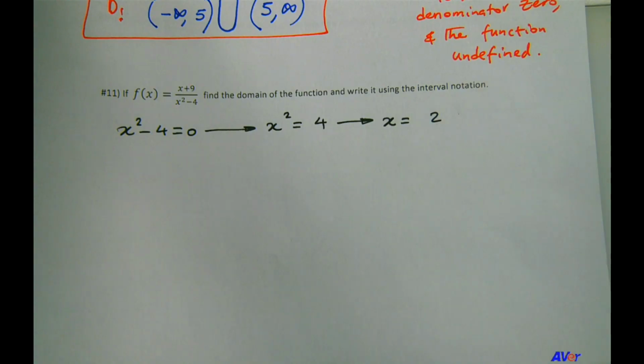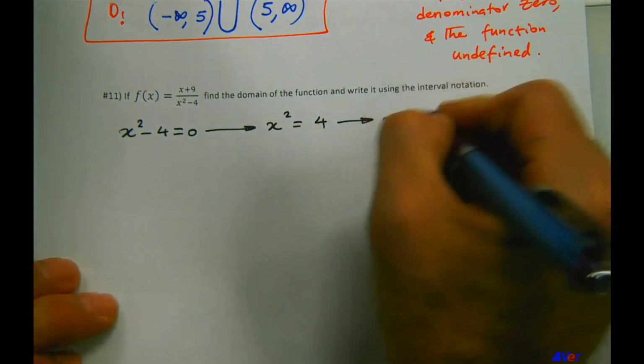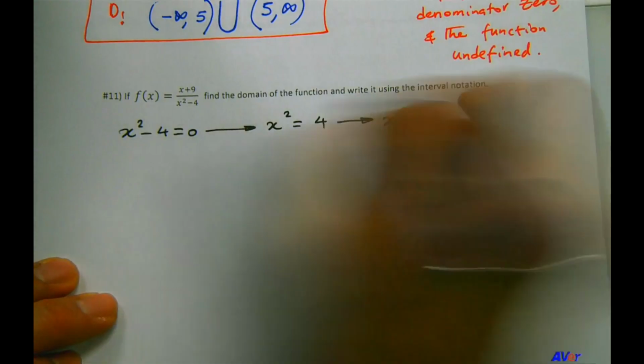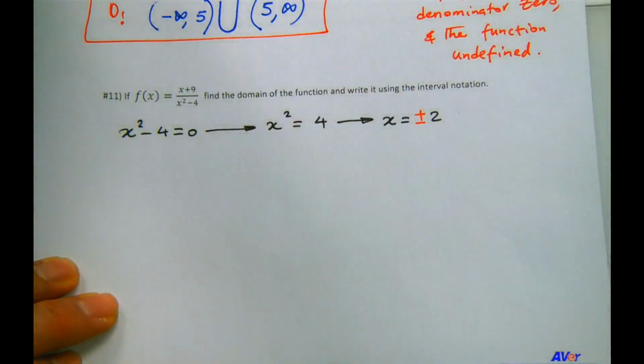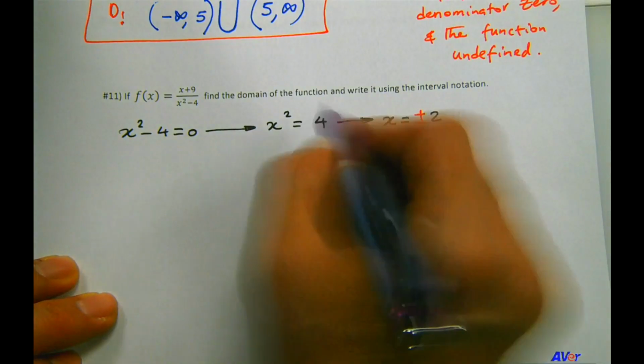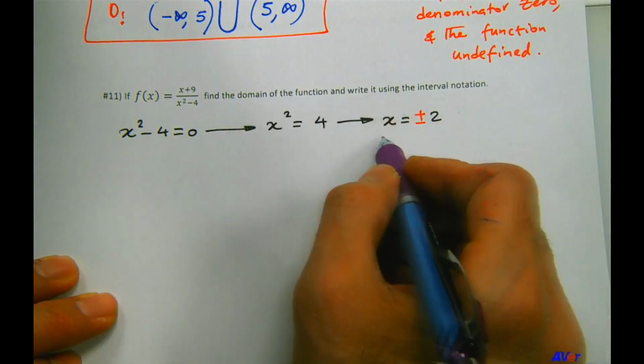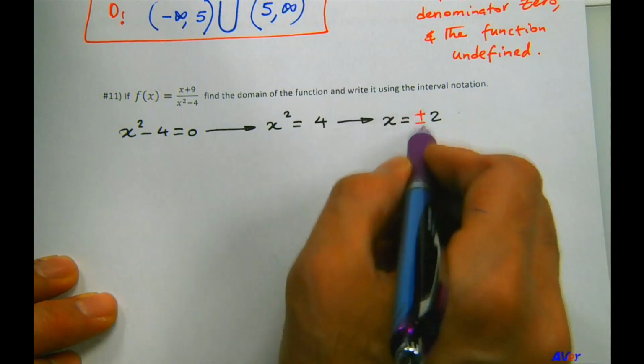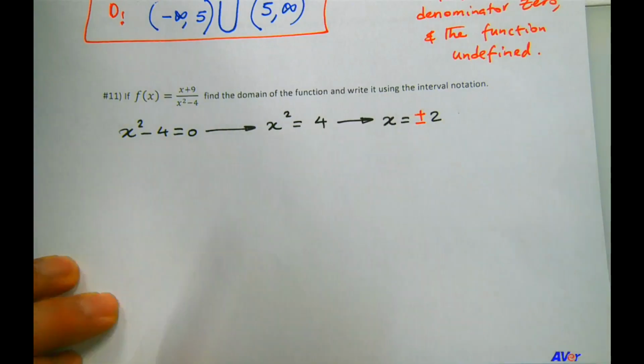Think about it. Well, it should be plus or minus 2 when you take the square root of both sides. Right? x squared equals 4. But we take the square root of both sides. So the other side would be plus or minus when we have x squared on this side.